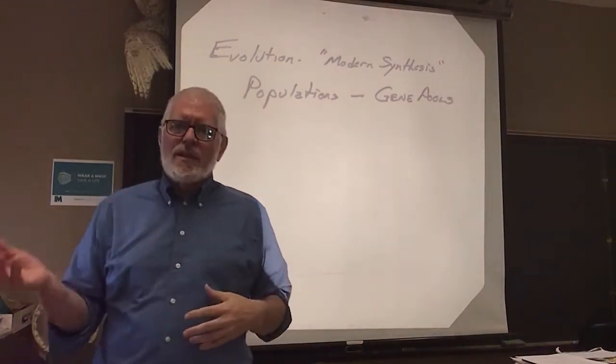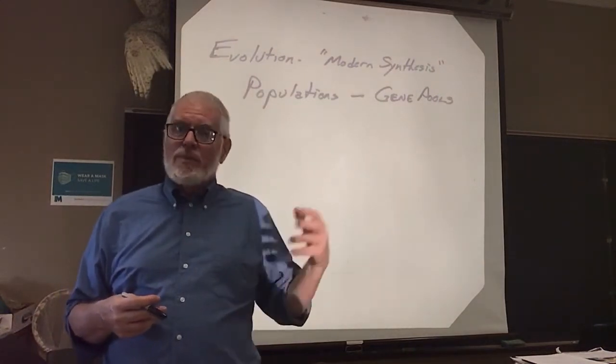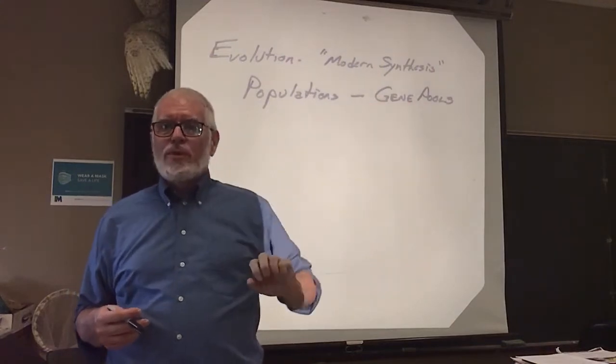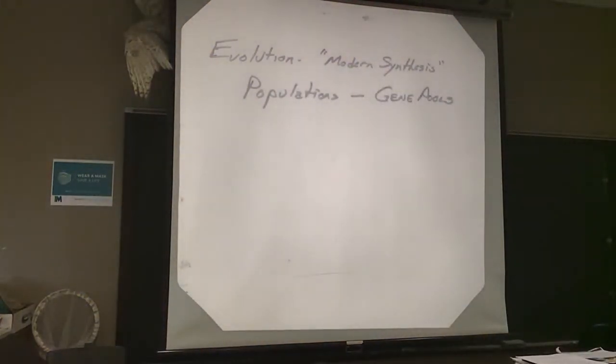Conditions change, some traits become advantageous that weren't, some become disadvantageous that used to be good, but now we're looking at what's producing the traits. We're looking at allele ratios.